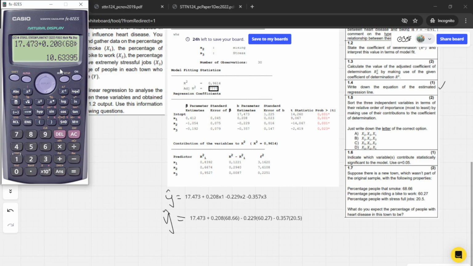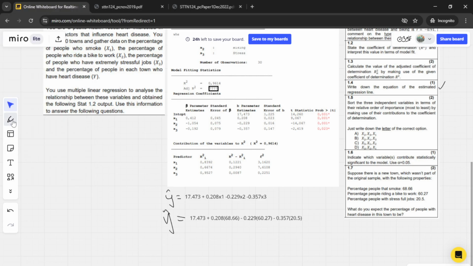So it's going to be 10.63%. So your estimated y is equal to 10.63%.